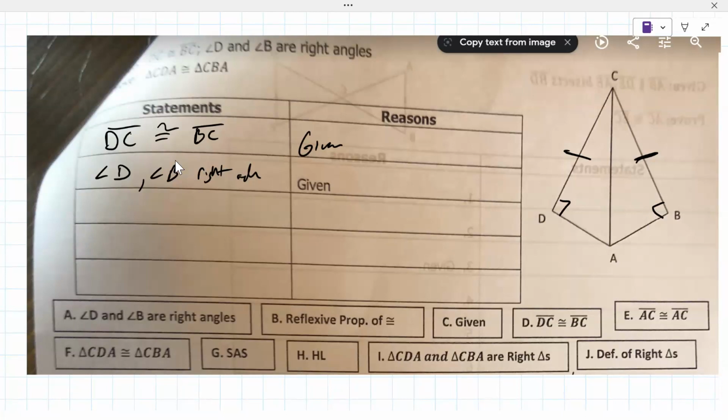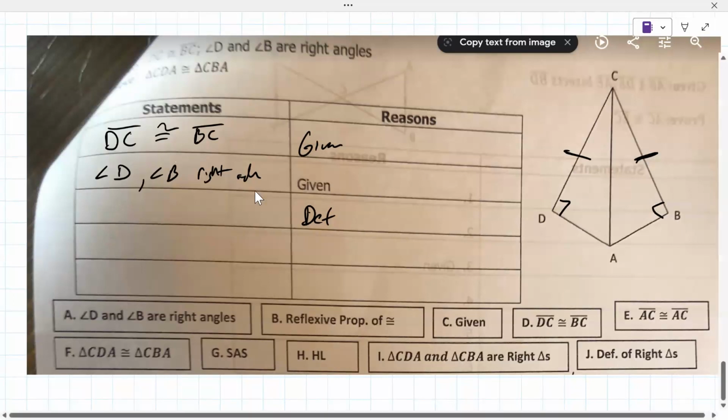Definition of right angles. Nope. That's the reason. Well, there's only one.